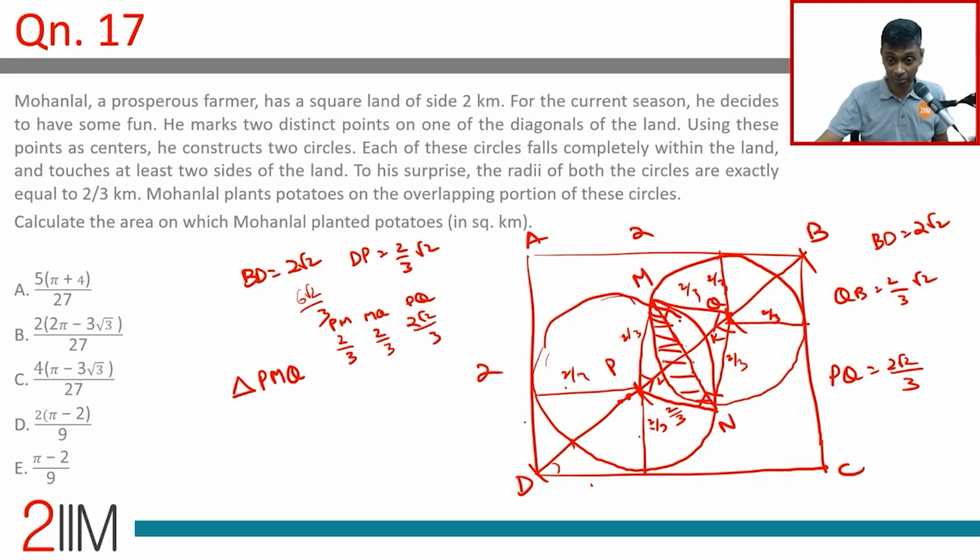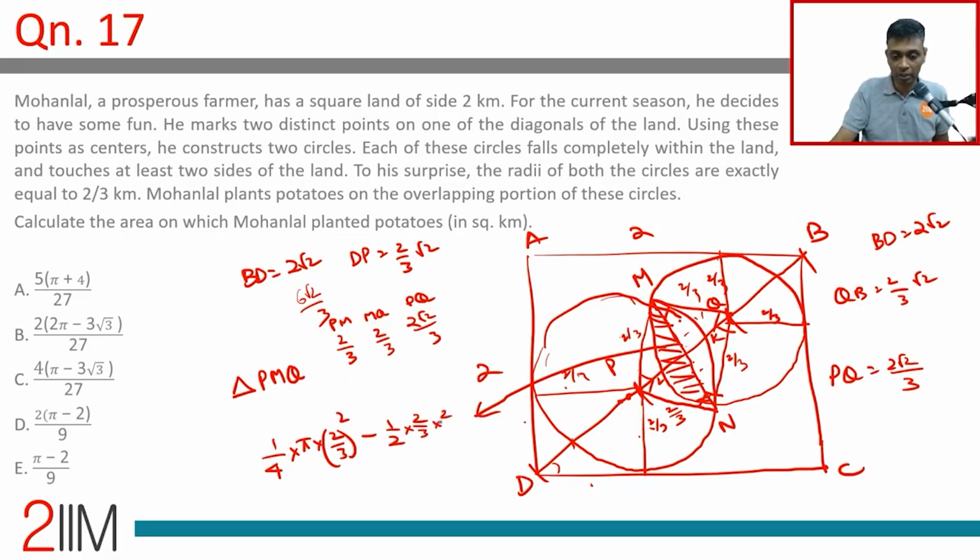Finding the area of this segment suddenly became very easy because we're thinking about one quarter circle minus the area of a triangle. So we're going to isolate this segment. That segment is 1/4 of pi into 2 by 3 square minus half into base into height, half into 2 by 3 into 2 by 3. The sides are 2 by 3 and 2 by 3, that's the radius.